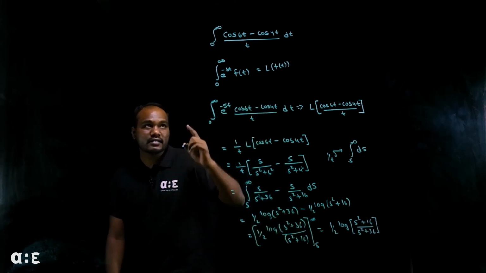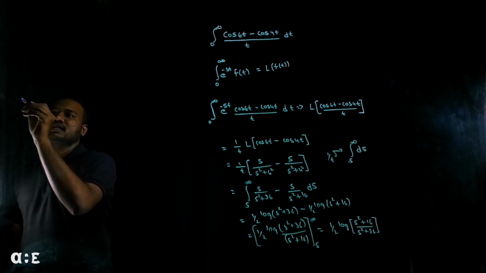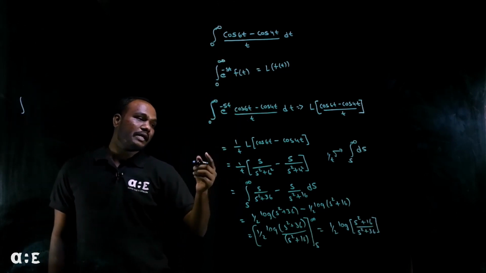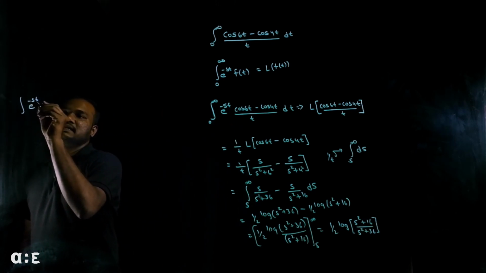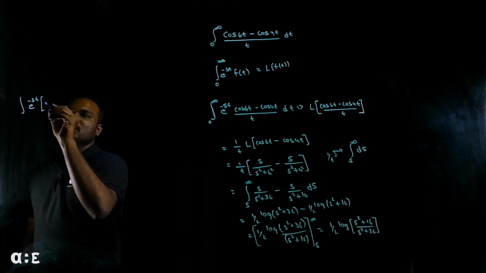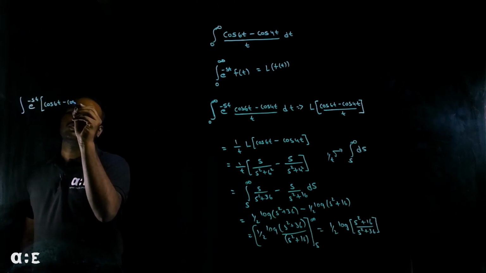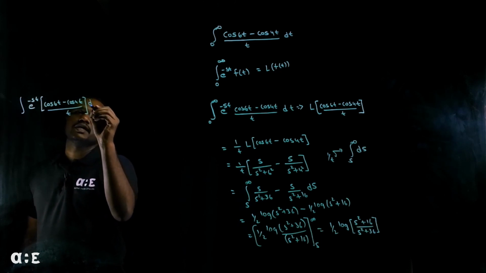Now I'll come back to the part which was given in the question. In the question it was given only this much. What we got as the answer is for the integration of e power minus st times cos 6t minus cos 4t over t with respect to dt.